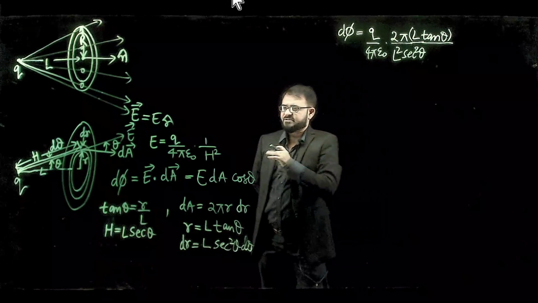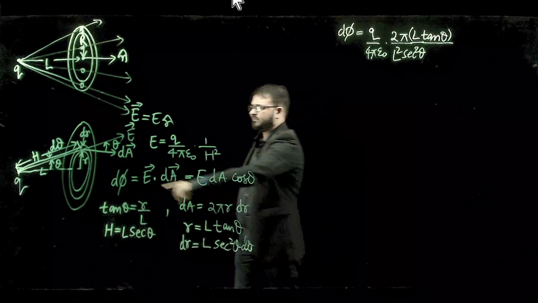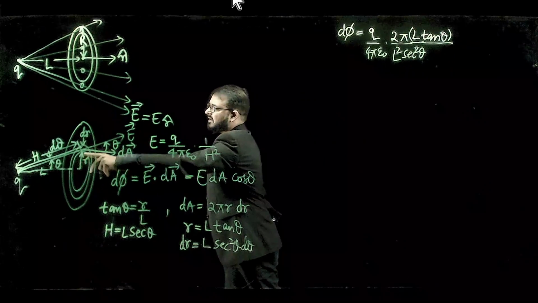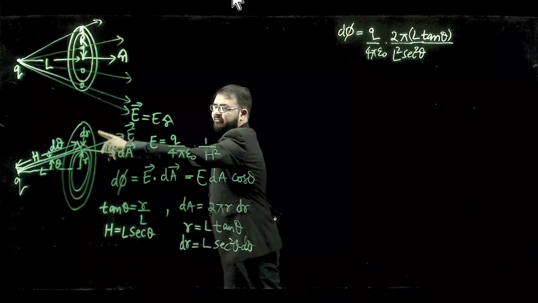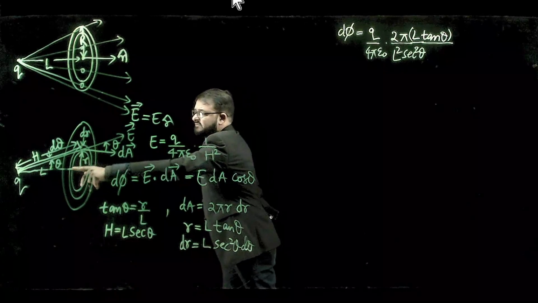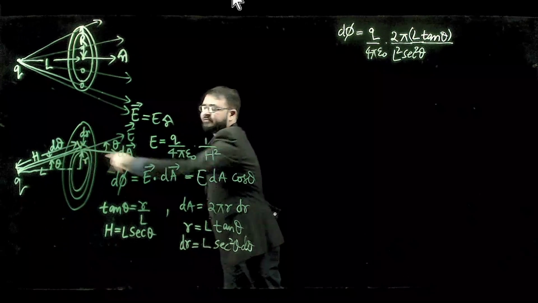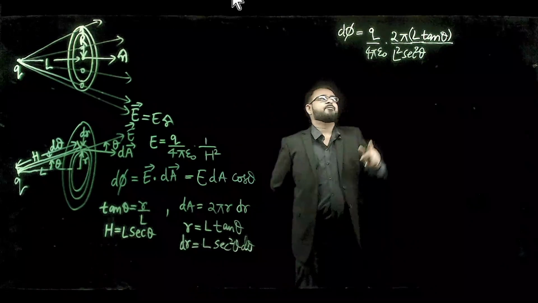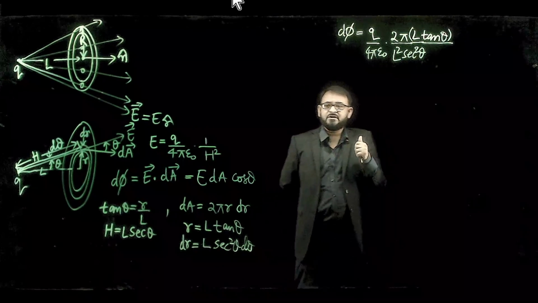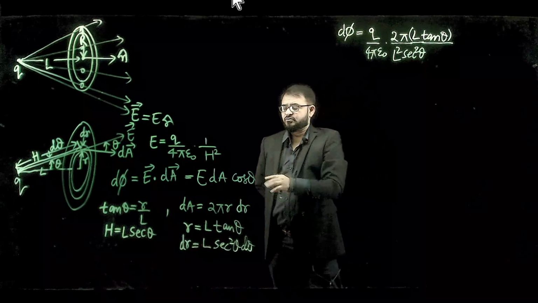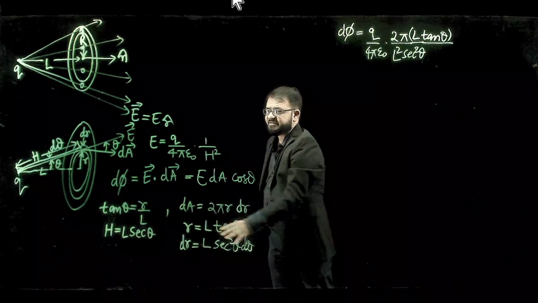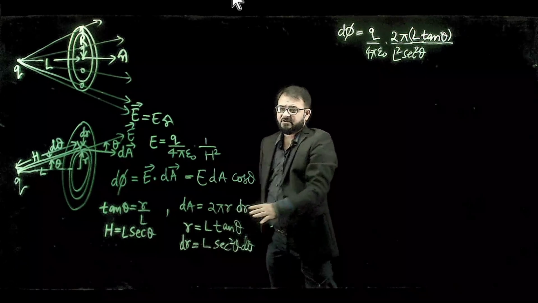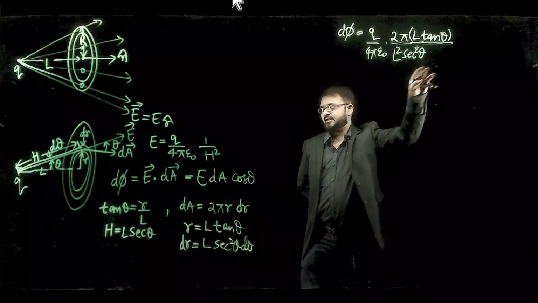Okay, here you can see really there were two variables. One was R, because after R we took dr to define the disk, and corresponding to this we had theta, the tiny angle. Okay, but we can integrate in one variable. So by using the basic relations, we can arrive at this.